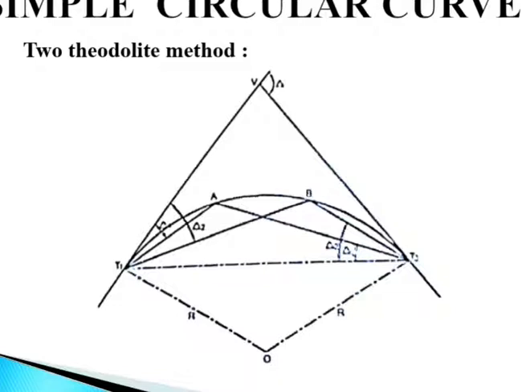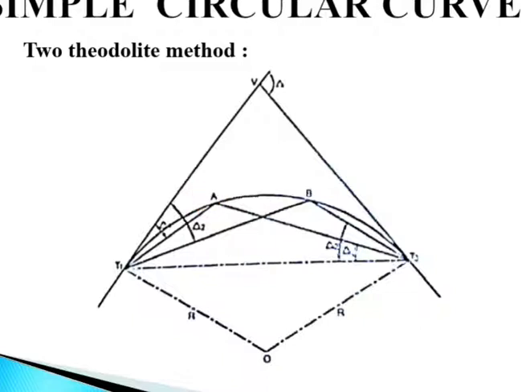Set the reading of each transit to the deflection angle. For the first point A, the angle will be delta 1. The line of sight of the theodolite at T1 will be along T1A, and the line of sight of the theodolite at T2 will be along T2A.